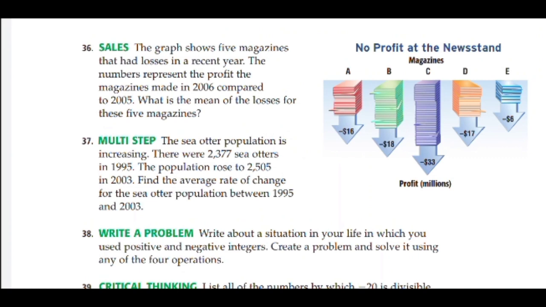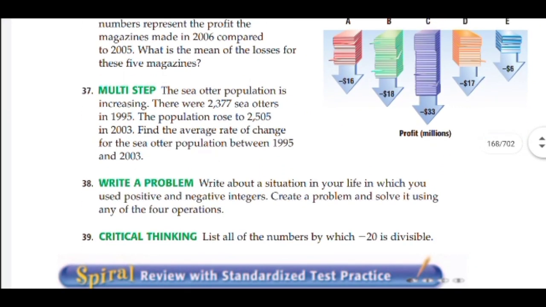The population rose to 2,505 in 2003. Find the average rate of change for the sea otter population between 1995 and 2003.